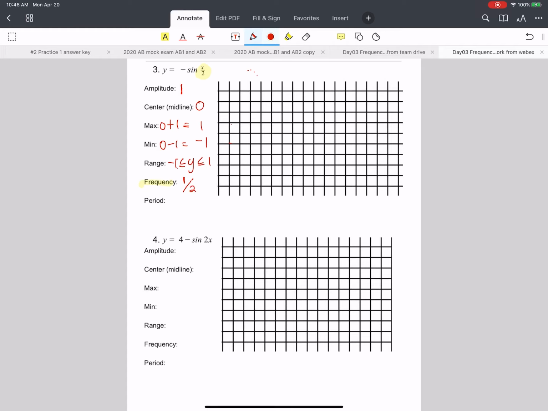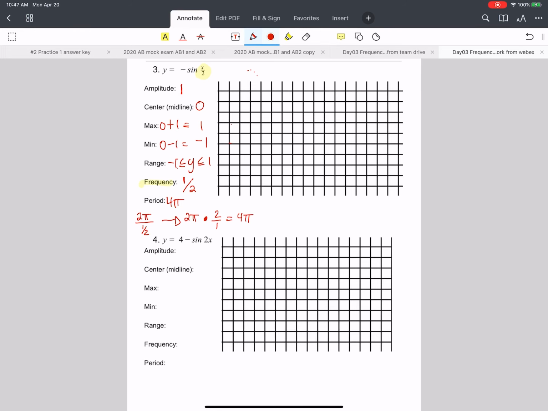No x's in there. So my period is a little annoying. My period is 2 pi over the frequency. So I keep the first one, change division to multiplication and flip. So that's 4 pi. So my period is 4 pi.